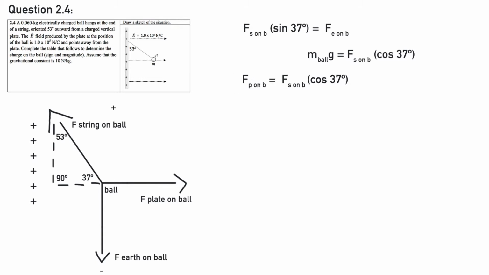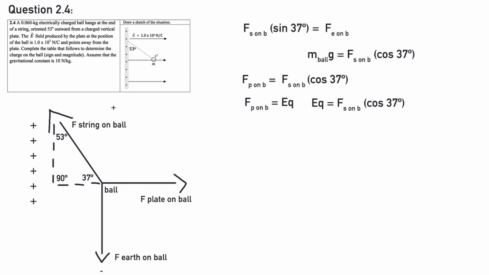Now we know the force of the plate on the ball is equal to the force string on ball cosine 37 degrees. The force of the plate on the ball is also equal to Eq, and q is the charge, and we need to find the charge. That's the whole purpose of the problem. I can use a little bit of substitution and plug it in here.